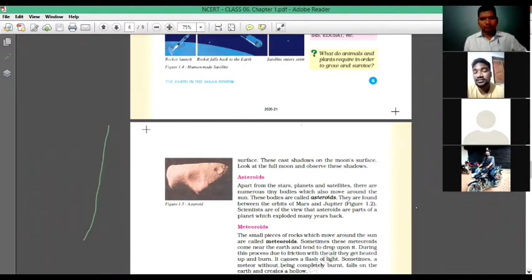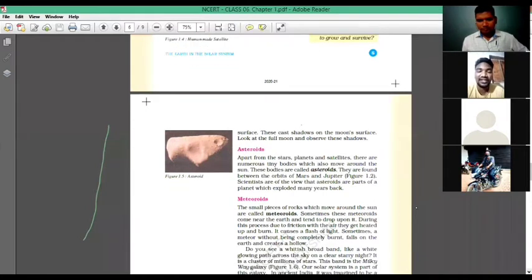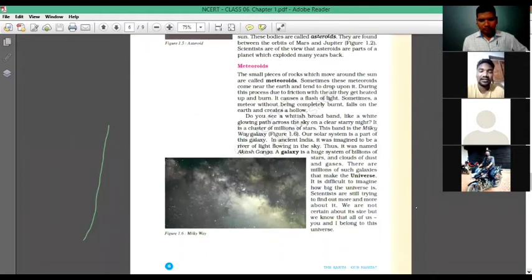The Sun is in the center of the solar system, and there are millions of stars in the universe. The millions of stars make up a universe, and there is a galaxy.